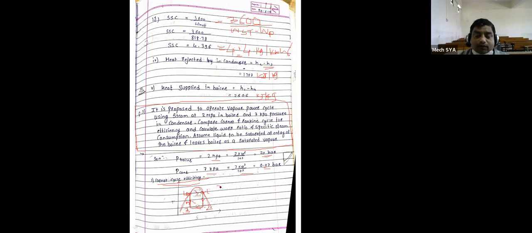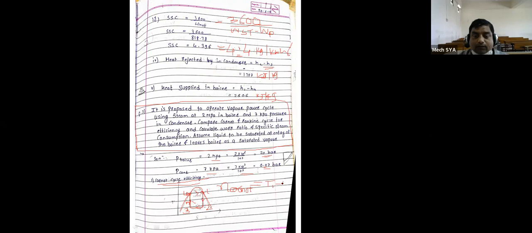So eta Carnot is equal to T1 minus T2 divided by T1, where T1 is the heat supply temperature and T2 is the heat rejected temperature.